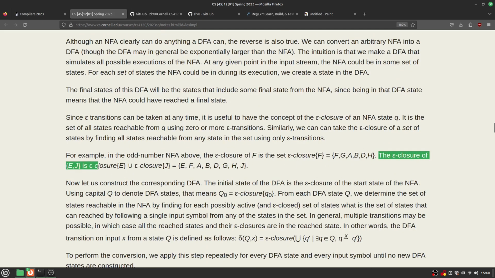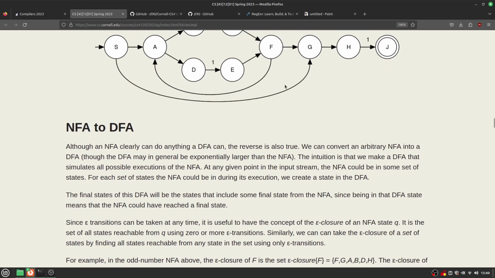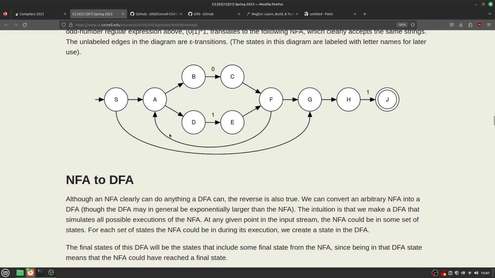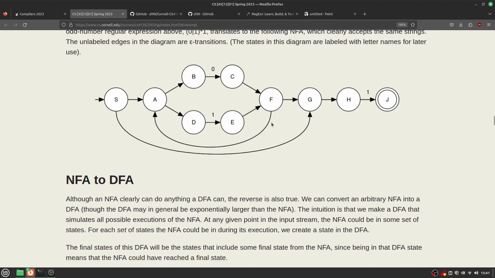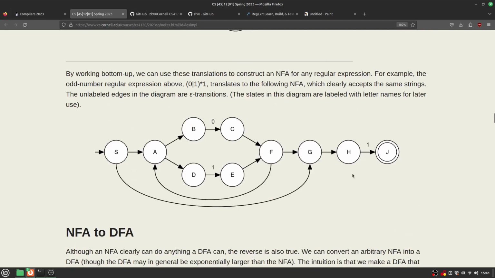The empty string closure of E, J is the empty string closure of E unioned with the empty string closure of J. So from E to F, to A, because we can go from F to A, then B, we can go to D, we can go to G, we can go to H. And well, from J we can only go to J, right?